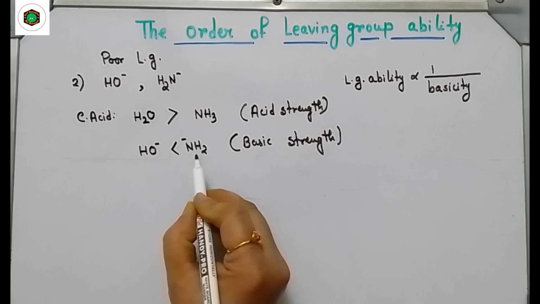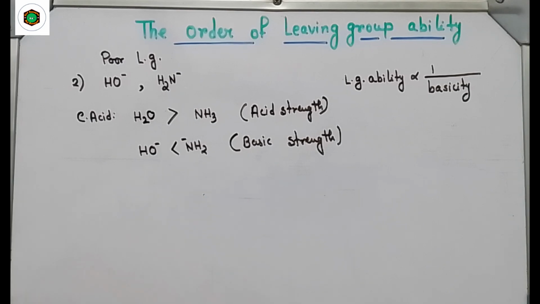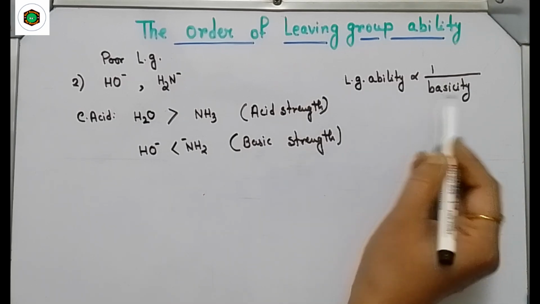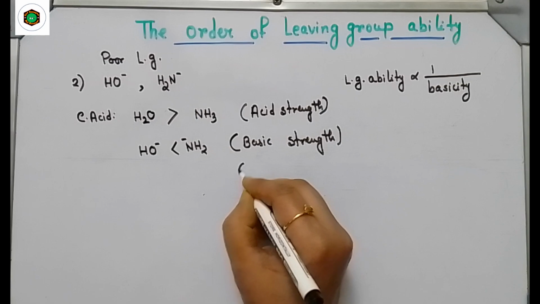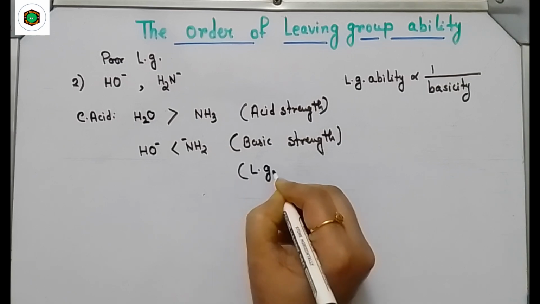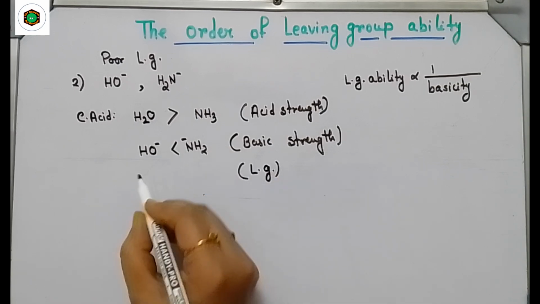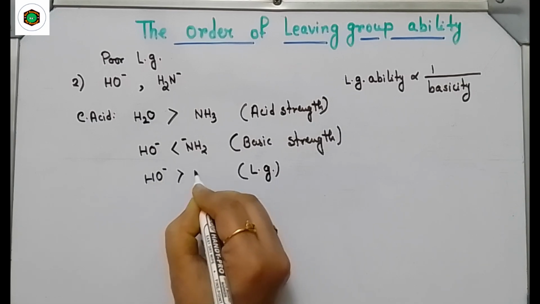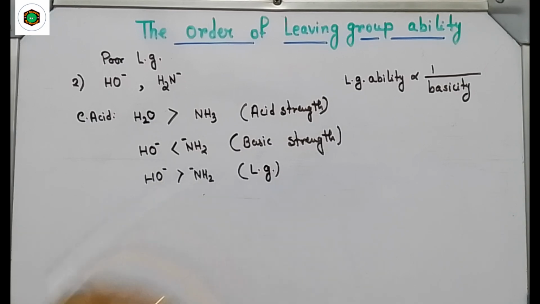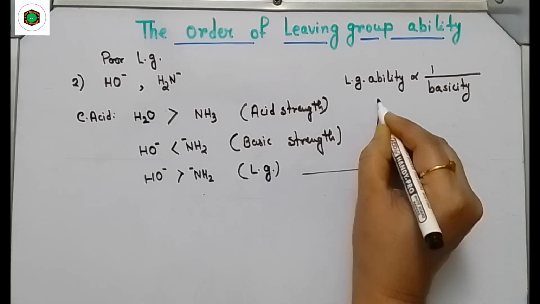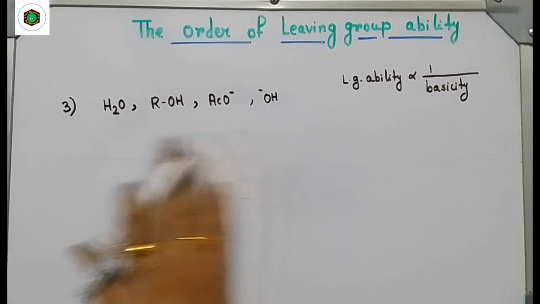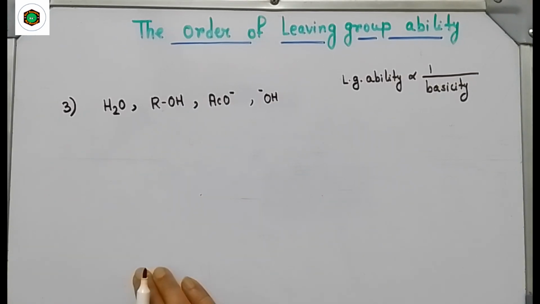Means this is more basic than this one. If this is less basic, therefore, we know leaving group ability is inversely proportional to basicity. So what is the leaving group ability between these two? Then OH minus is a better leaving group than NH2 minus, due to this reason.